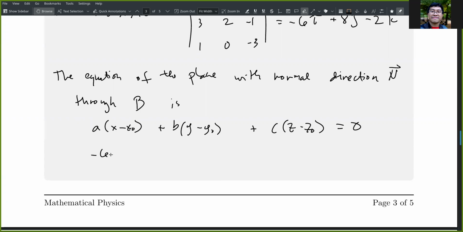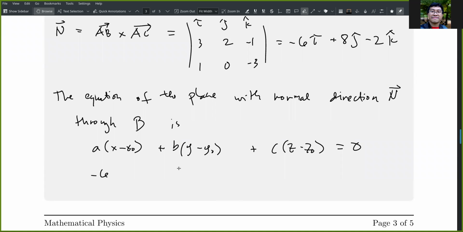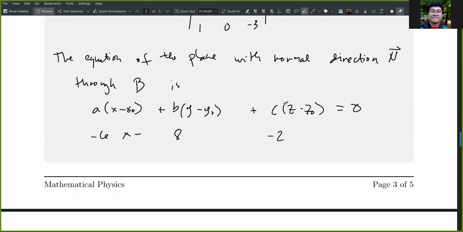Our a is minus 6, b is 8, c is minus 2. So you have x minus, we're choosing b, which has coordinates 2, 3, 0. So we have 2, 3, 0, z, y, and minus 2, or let's say plus this.